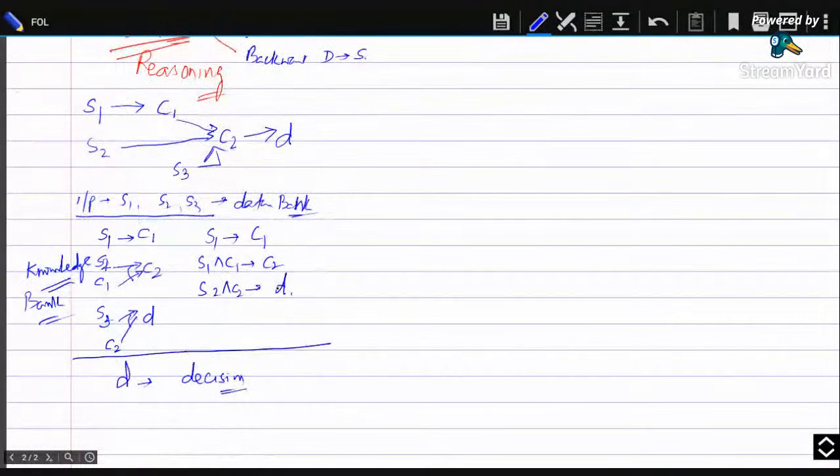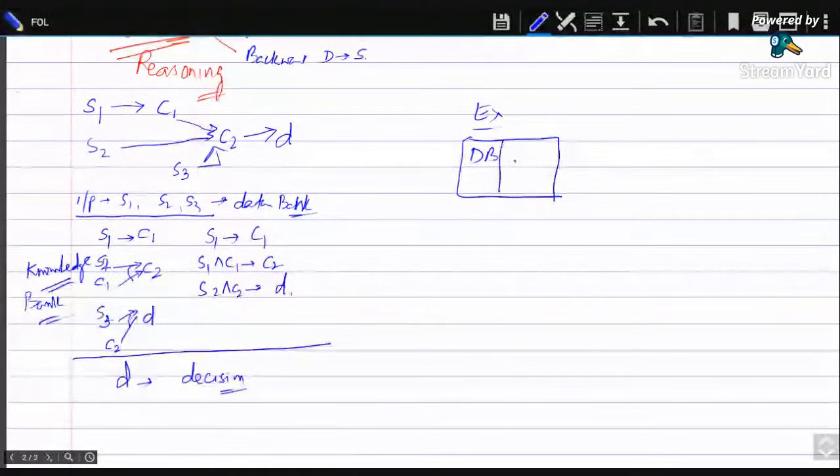How do you solve this? Let's take a simple example. Yes, without an example, we can solve. So the data bank consists of two things which we know: A and B are true.